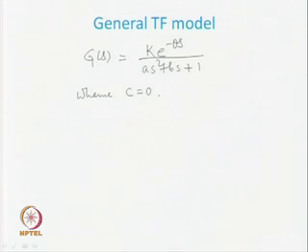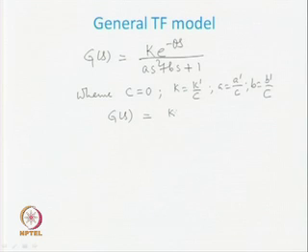We do not see c here, but as you know k = k'/c, a = a'/c and b = b'/c, so c is inherent in these coefficients. Now, when c equal to 0, it is possible to get G(s) expressed in a form which gives you the transfer function model for an integrating process, given as k' e^(-θs) / (a's² + b's).